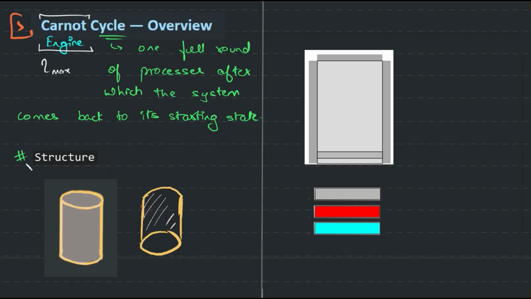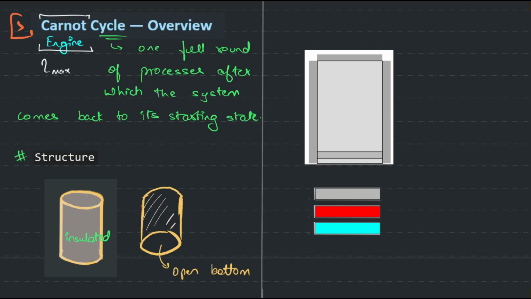So the structure of a Carnot engine would be something like this. It is insulated everywhere: the top, the side, but not at the bottom. Bottom is open. So what is the point of it being open?